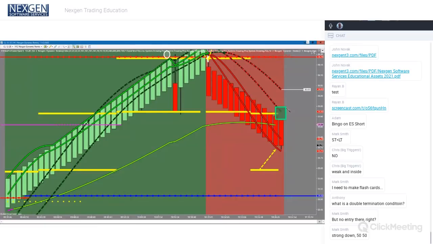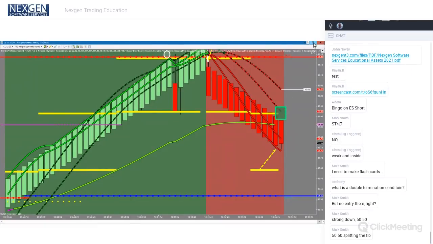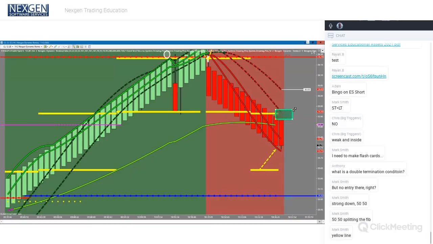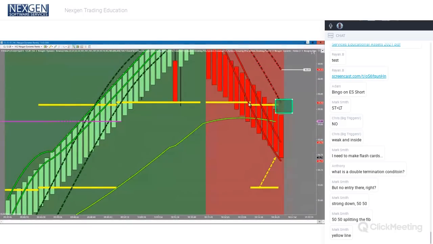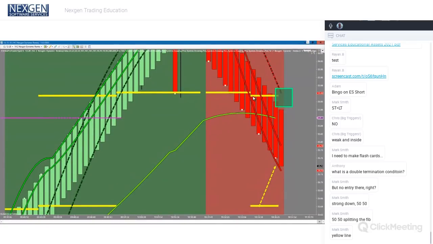It's strong down, pushing into everything on the planet. It's not 50-50 anything. Once the large triggers get here, and you can't see it, but this fib changed colors too. See how it kind of jumped a little bit? So it was support, now it's resistance. So this is red fib.